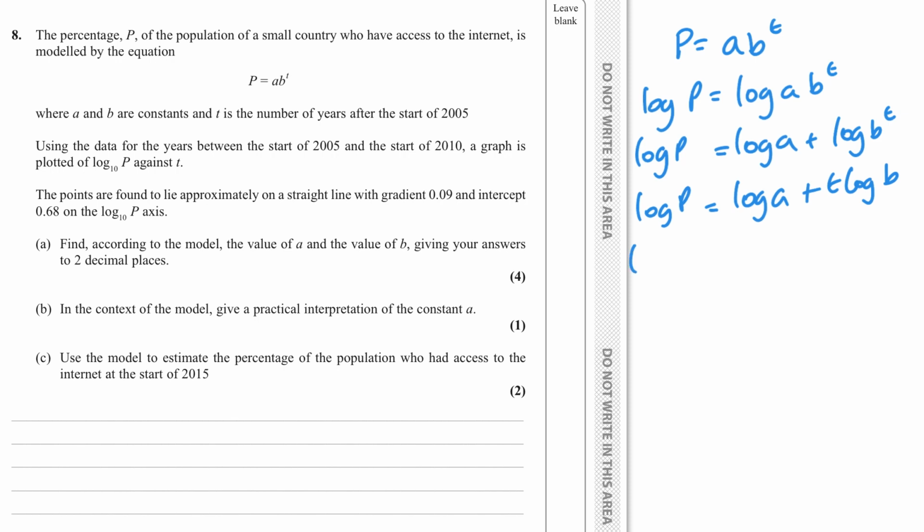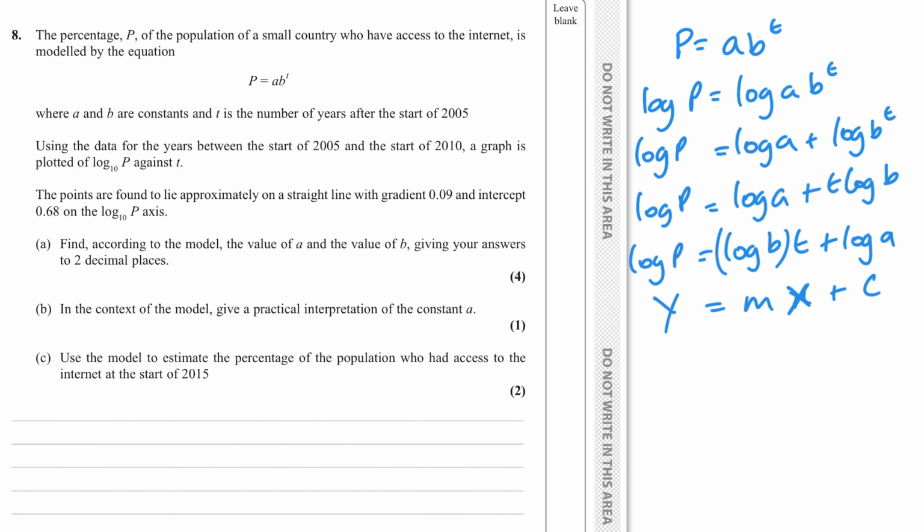Okay, if I just rearrange slightly, we get log b t plus log a. And this is now y equals mx plus c. So you can see our gradient is log b and our y-intercept there is log a.